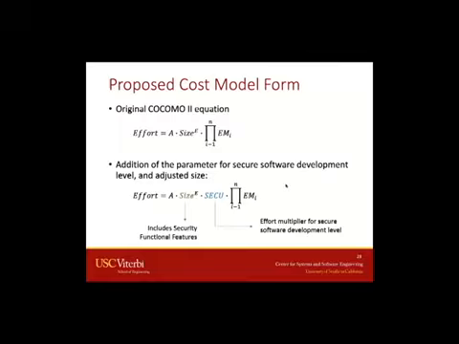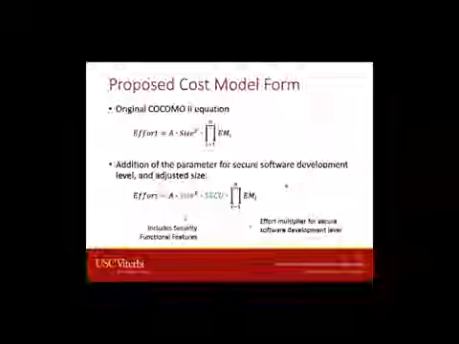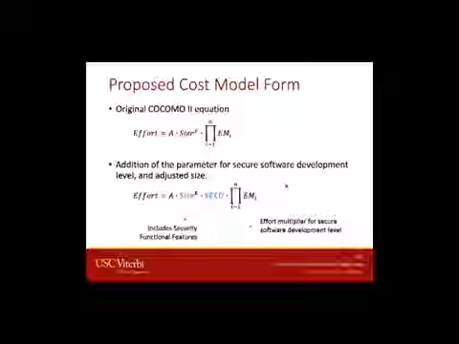We propose the addition of the security parameter SECU as an effort multiplier corresponding to the level of secure software development required by the application being estimated. And the size component will include the security functional features that can be directly estimated or can be estimated using a security sizing factor.